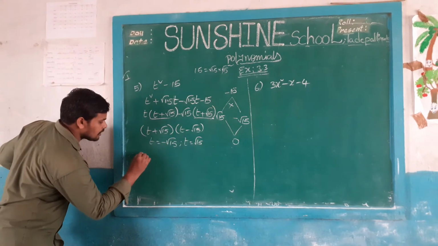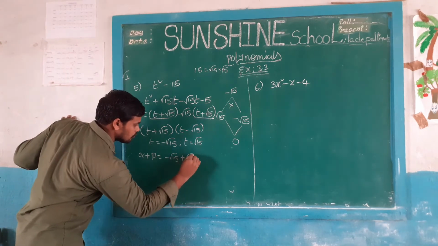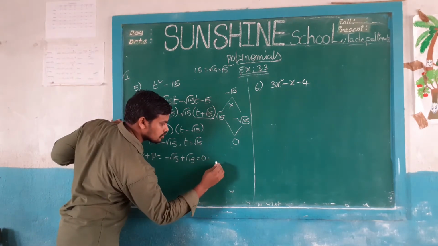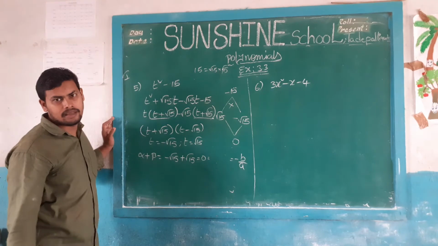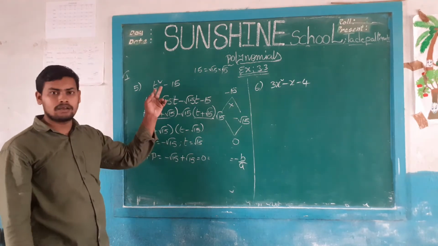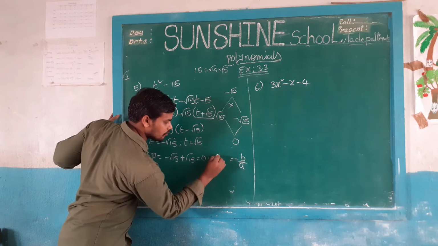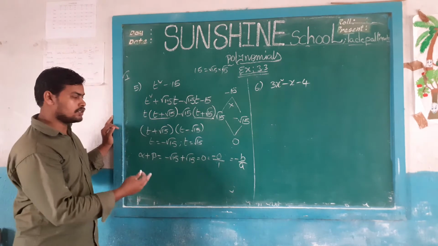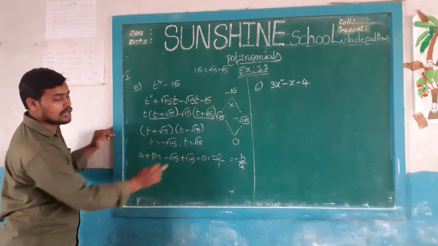Now alpha plus beta is minus root 15 plus root 15. The value is 0. Now what we have to prove is minus b by a. Is there any b term? No. So simply, minus 0 by, what is the a value here? 1. 0 by 1 is 0.